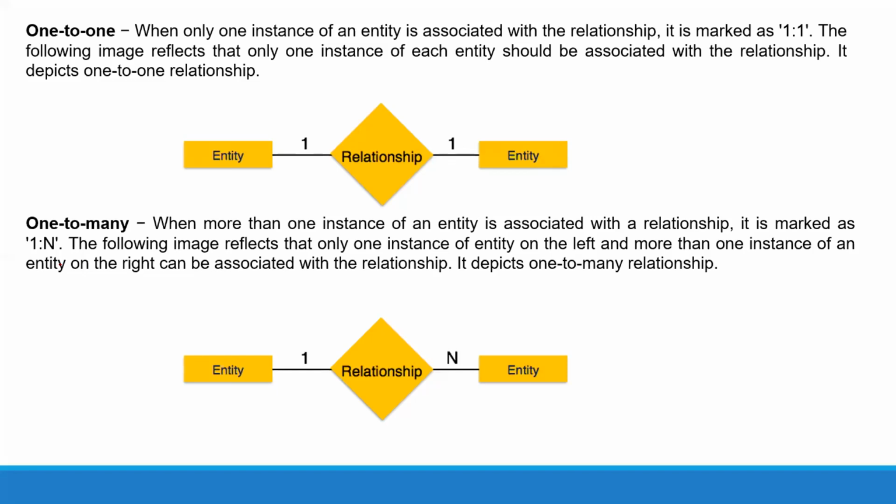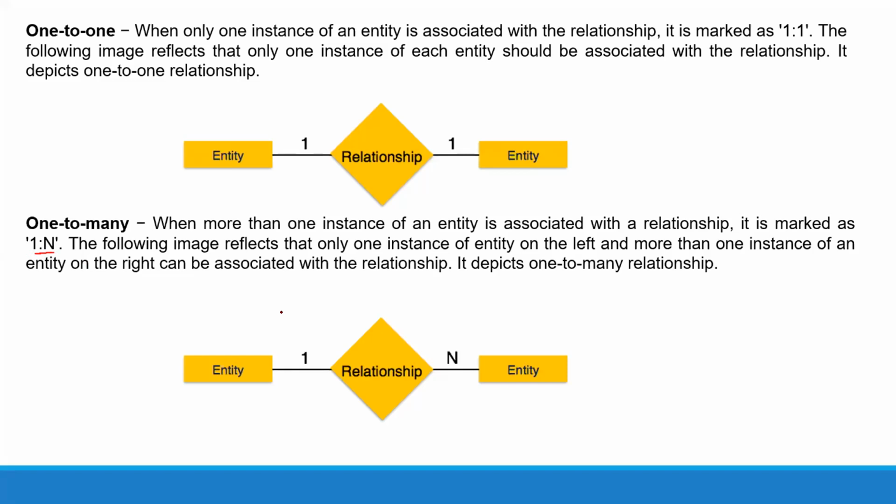Now one to many: one instance of an entity is associated with many. Here this relation has many instances of the entity. So more than one instance of an entity is associated with a relationship, and that is marked as 1 to n.